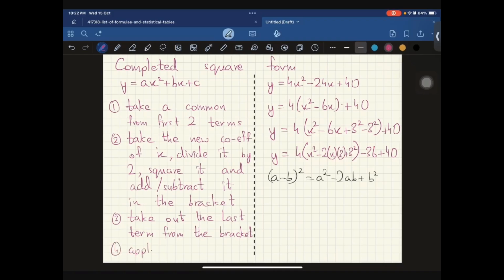We're applying the identity now. If we compare this expression with this bracket, a is the same as x, and b is the same as 3. So I want to convert this bracket to this form. What would the form be?